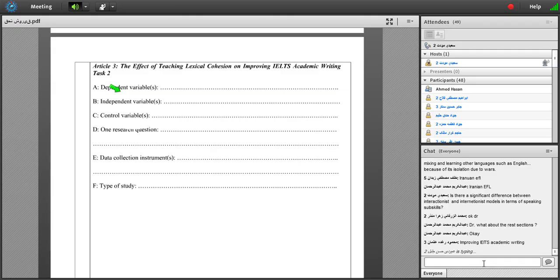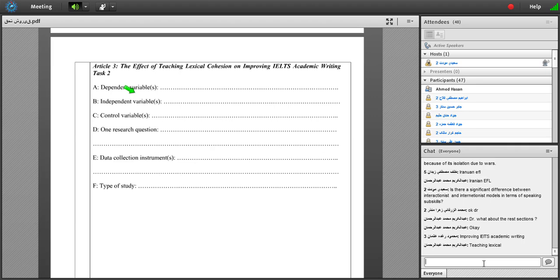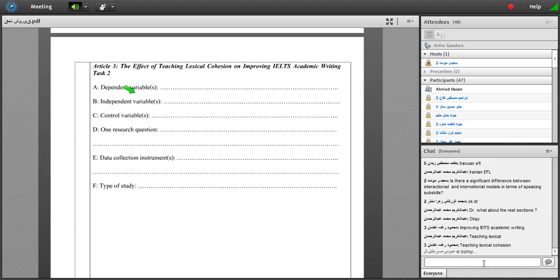So, improving IELTS academic writing task 2 is the dependent variable. What about the independent variable? Yeah, that's right.